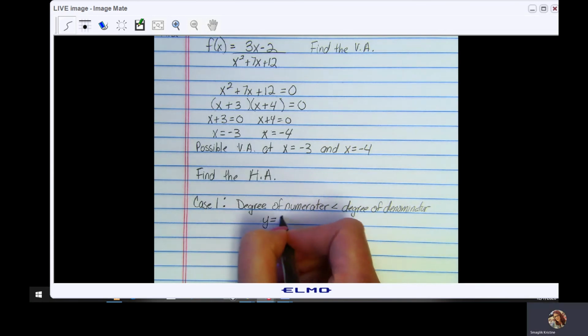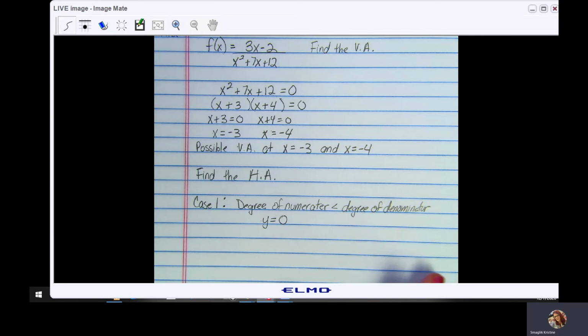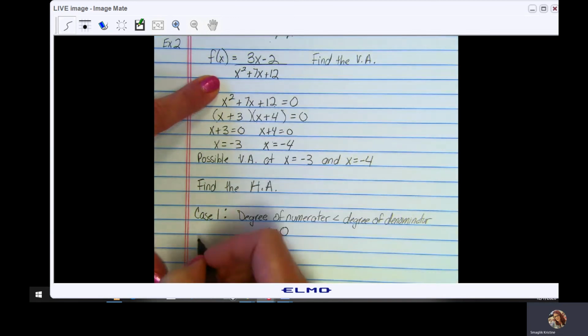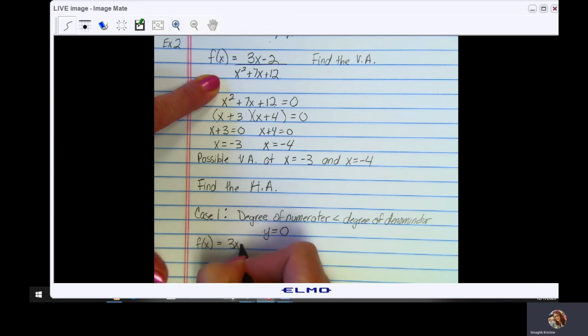y equals 0. So if we go back here, take a look at this. Let me jot it down again. F of x equals 3x minus 2 all over x squared plus 7x plus 12.